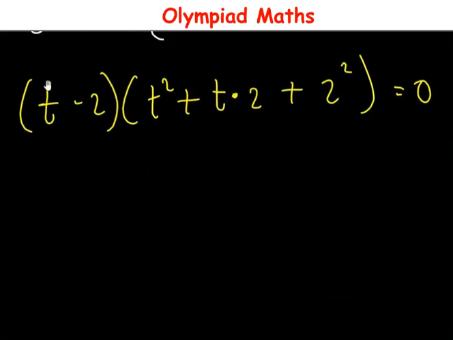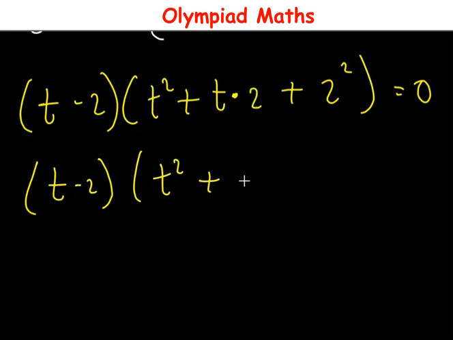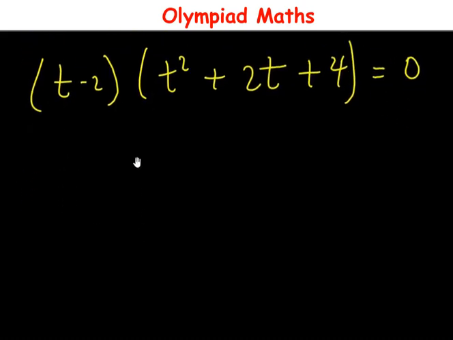So from here, we have, in brackets, t minus 2 multiplied by t squared plus 2t plus 4, all is equal to 0. Now, at this junction, we can simply equate this to 0 or equate this to 0.